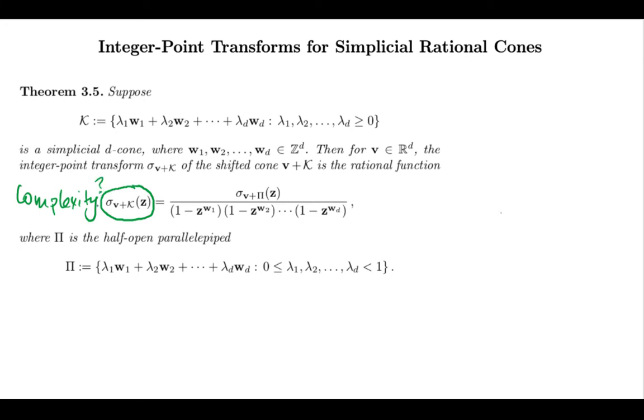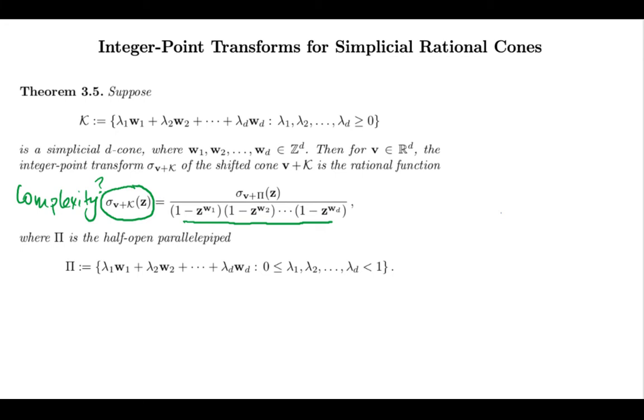You can think of this as the sort of question you'd ask if you had to write an algorithm to teach a computer how to compute these rational functions. Okay, so the input here are my generators, w1 through wd, and this apex v. So the denominator is given to you. I assume that I know this data.